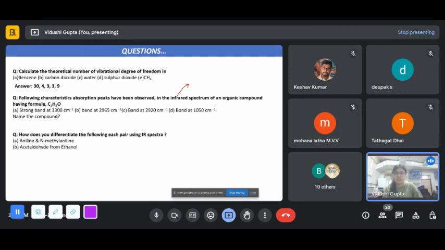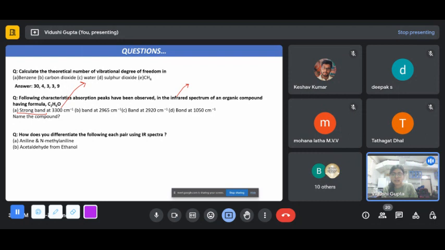Now, if you look at 3300, which functional group will appear at this? And it's a strong band. In IR, the band can be of strong intensity, weak, or medium intensity.